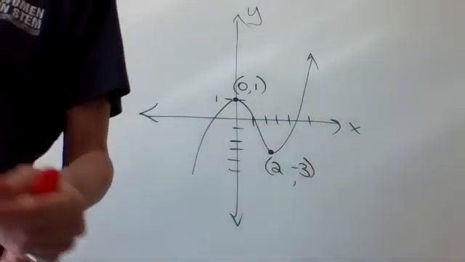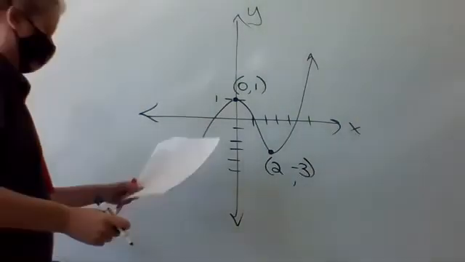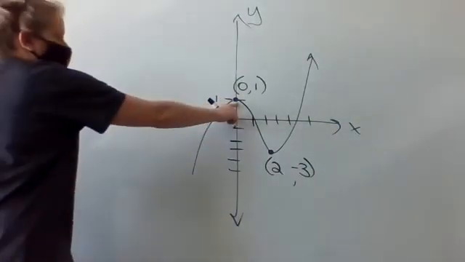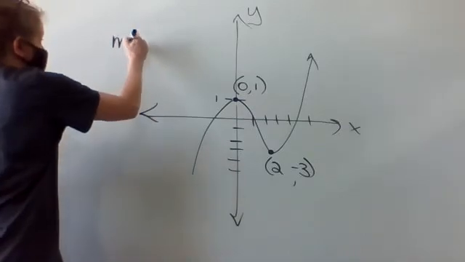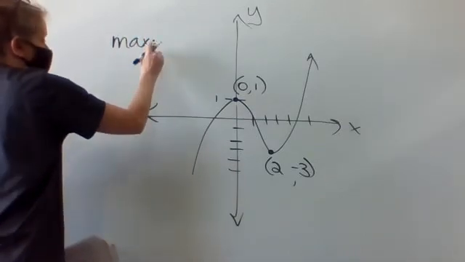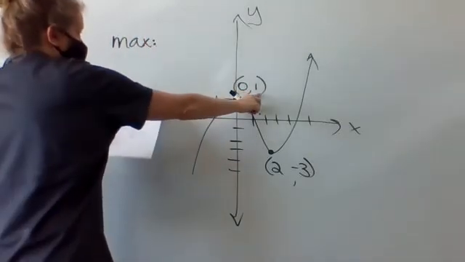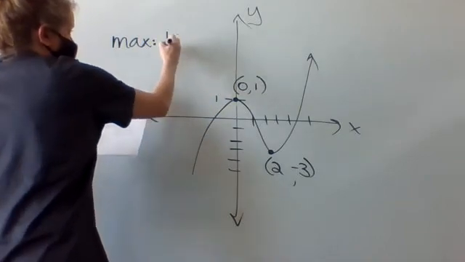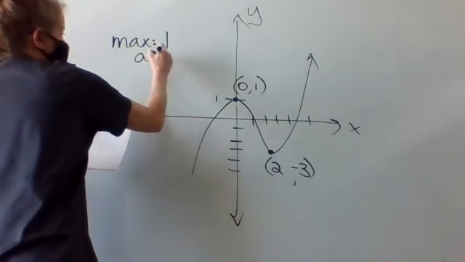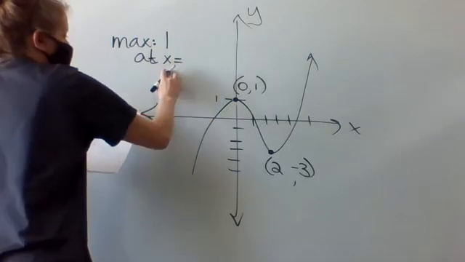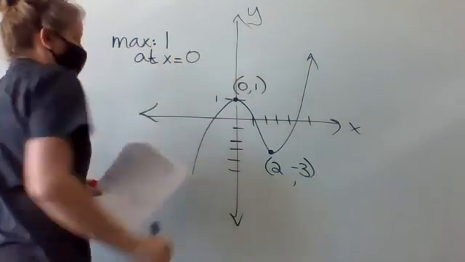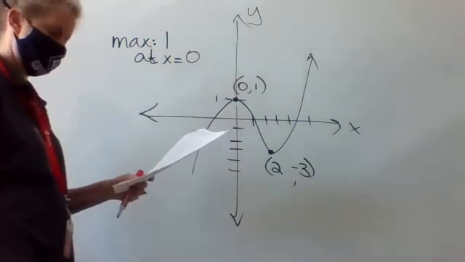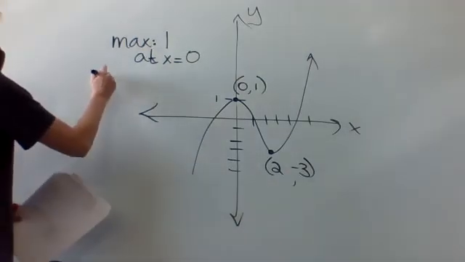So, and it's multiple choice, and it wants to know where are the maximum and minimum. So here's my maximum. What is the maximum value? 1, and it's where? At x equals what? 0. Where is the minimum?